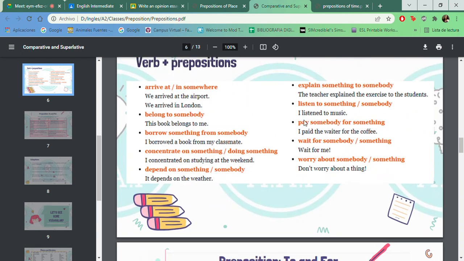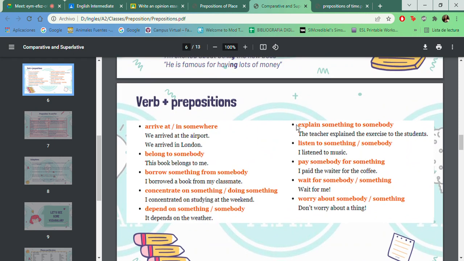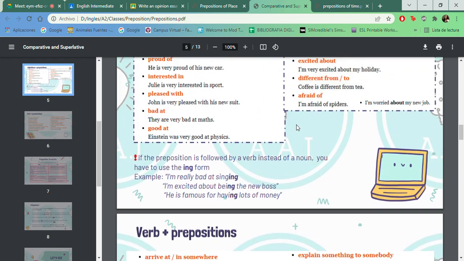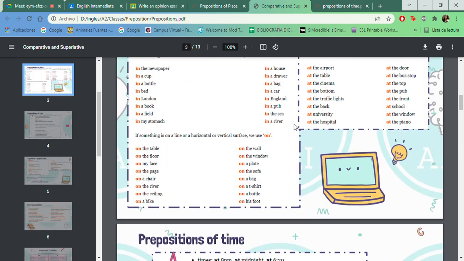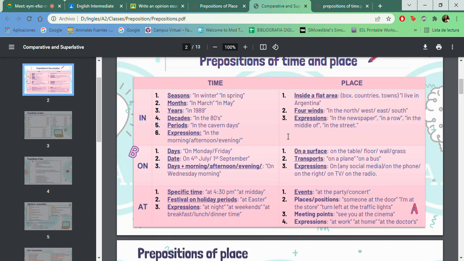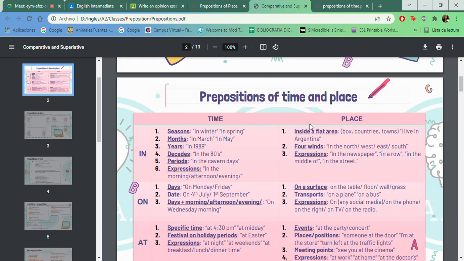Yes, I know, Miss, that is for pre-intermediate, but to be honest, it's useful. I never learned it. It's my inside fight with English. So, yes, of course, I can post it as well for you. Don't worry. Thanks, Miss.